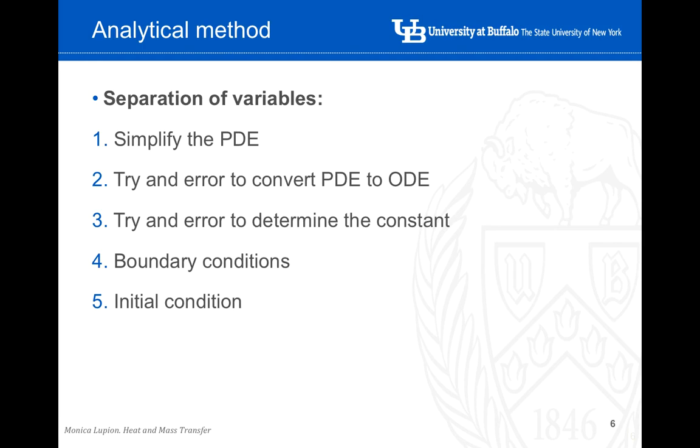Then we determine the constants from the integration of the ODE, and then apply the boundary conditions, and finally the initial condition. Normally the initial condition is easy to identify, but the boundary conditions can be tricky sometimes.